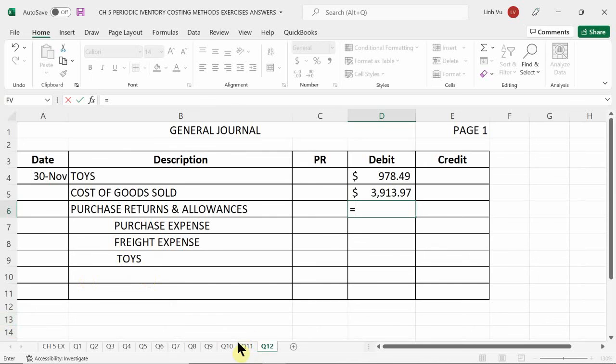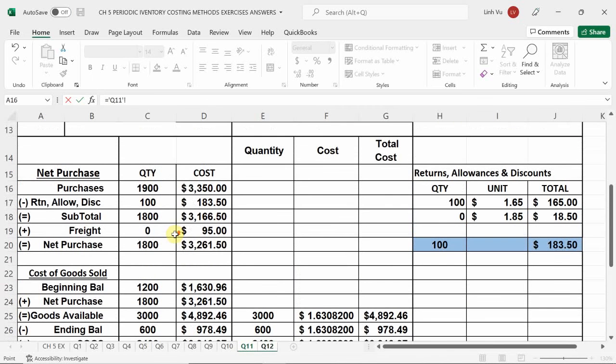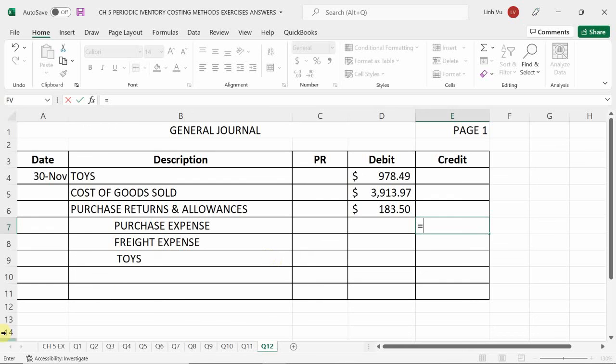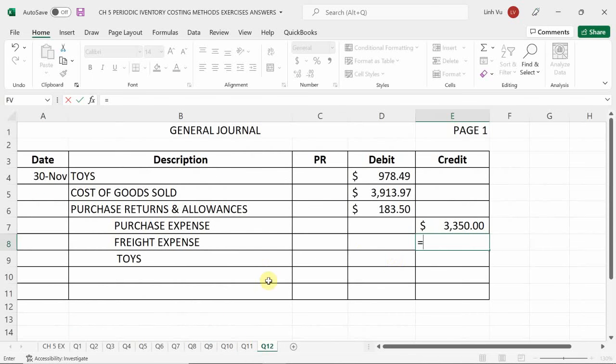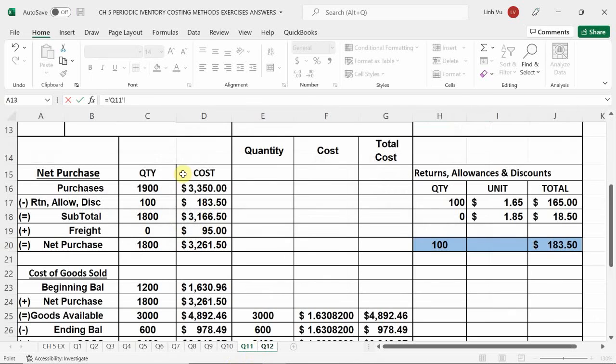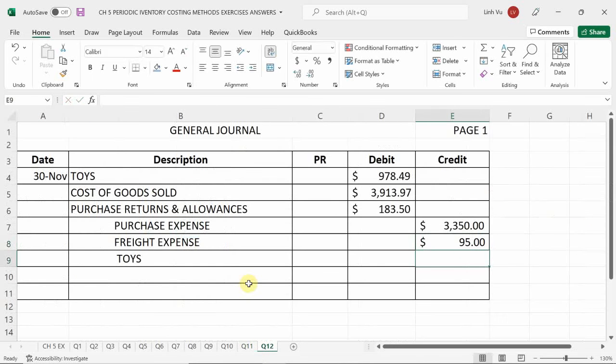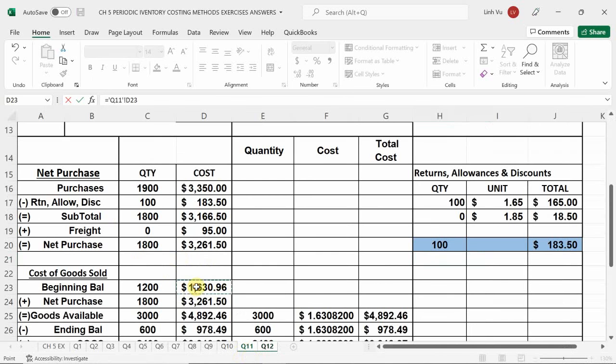What was my total cost of goods sold? $3,913.97. What was my total returns and allowances? $183.50. My total purchases was $3,350. And my total freight was $95. And my total beginning inventory was $1,630.96.